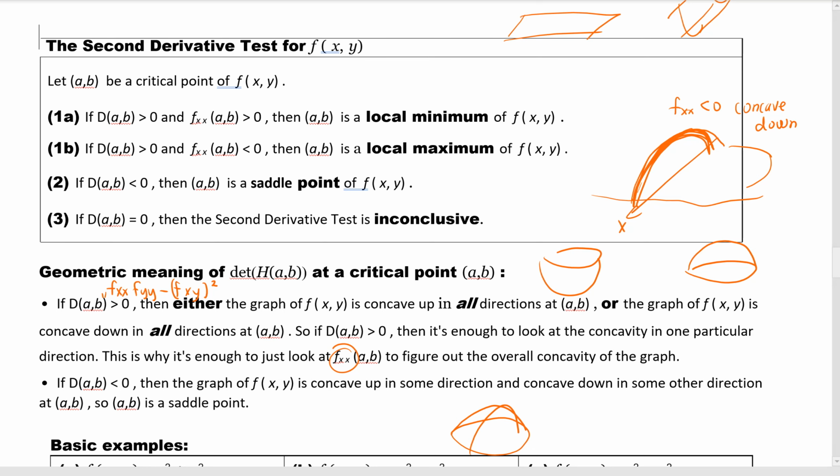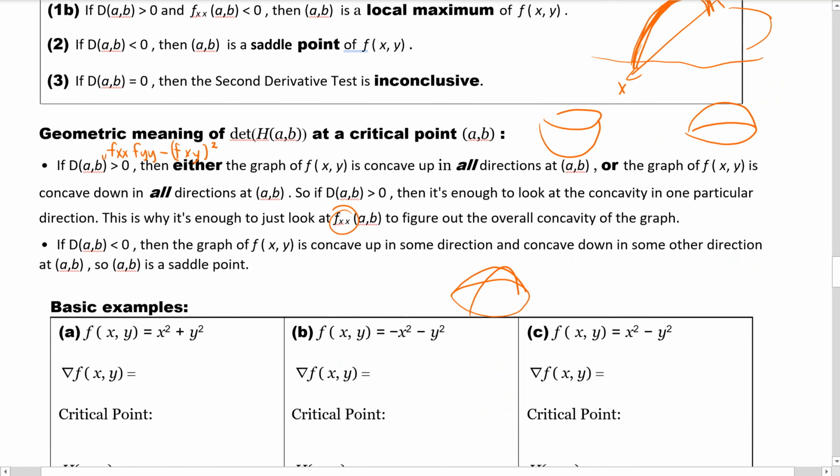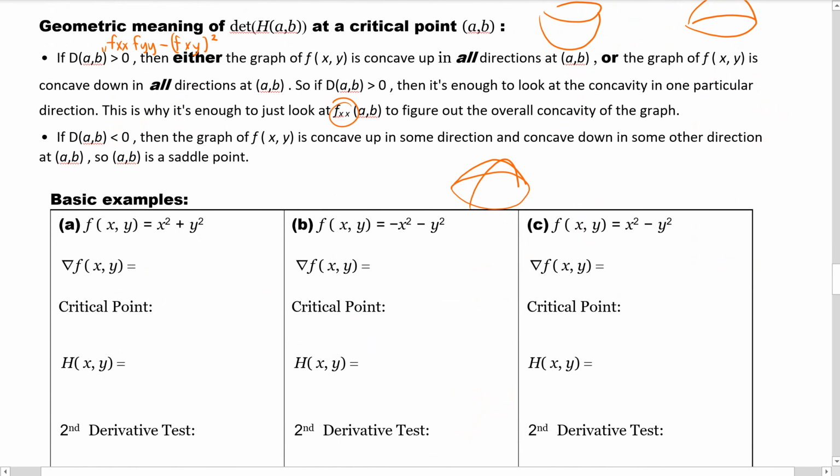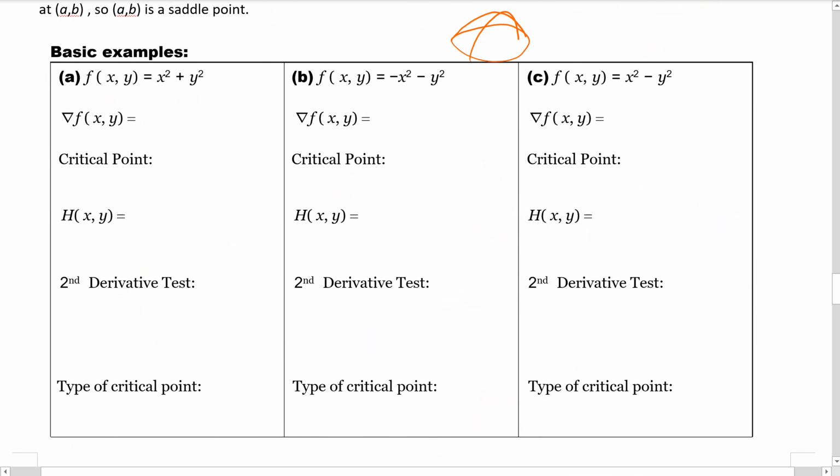All right, let's look at some examples. So we have some basic examples. First, we want to find the gradient.